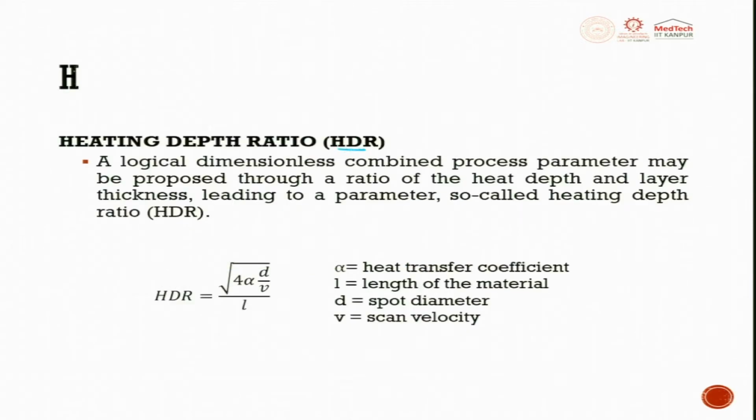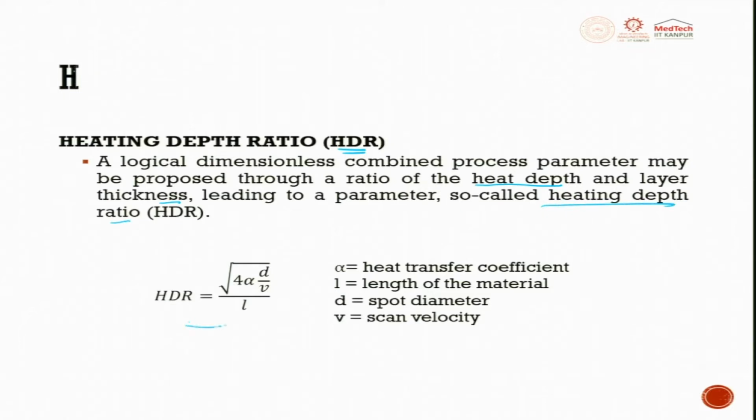Heating depth ratio, which is another important one, called HDR. It is a logical dimensionless combined process parameter, which may be proposed through a ratio of heat depth and layer thickness. Effective layer thickness, nominal layer thickness. Here there is one more, heat depth by layer thickness. So, this is another parameter, the so-called heating depth ratio.